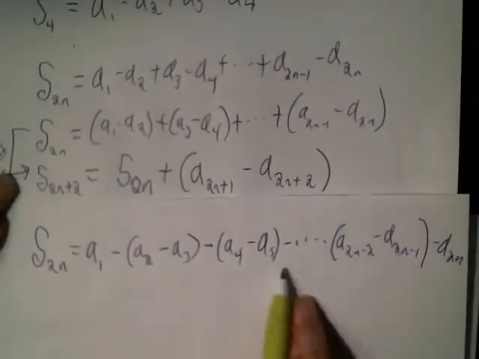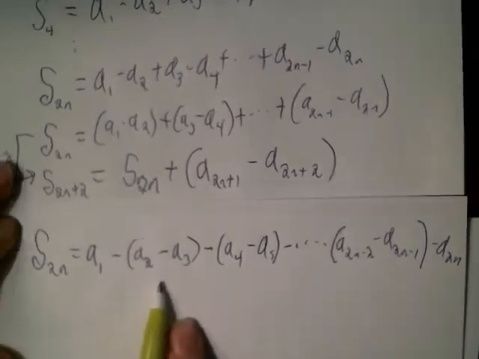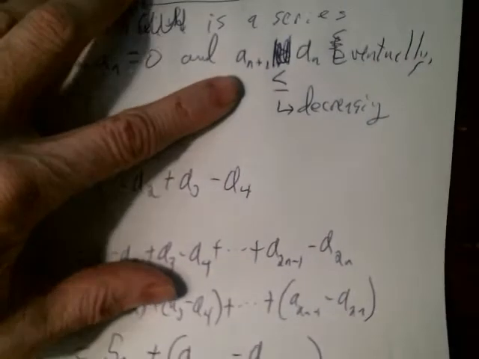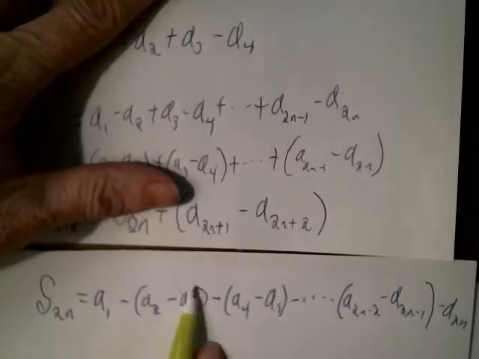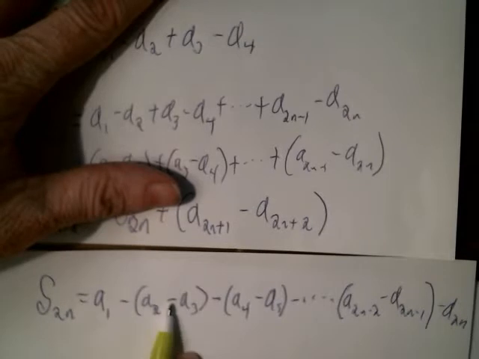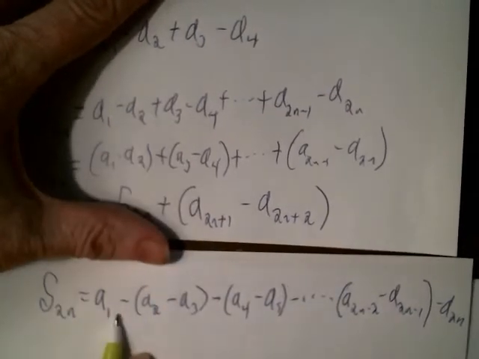This thing is a sub 1 minus a whole bunch of junk, right? So inside here, because of our decreasing statement, a sub 3 is less than a sub 2. So this is a positive thing, and we're subtracting it away. All of these are positive things, and we're subtracting them away from a sub 1.